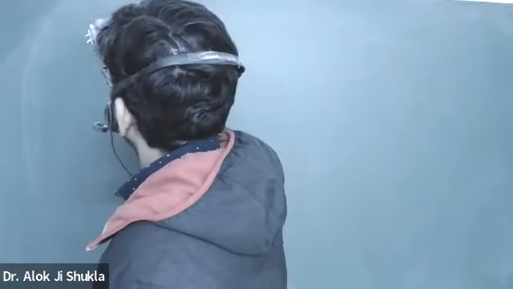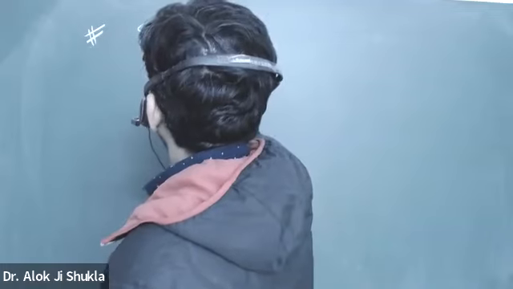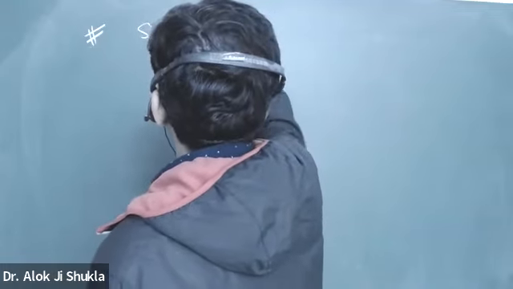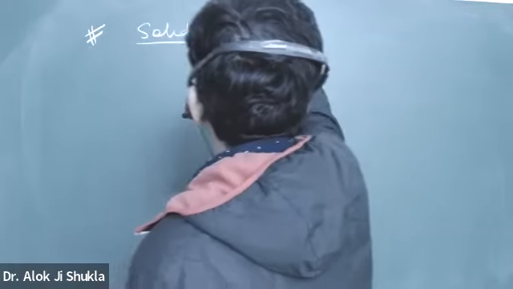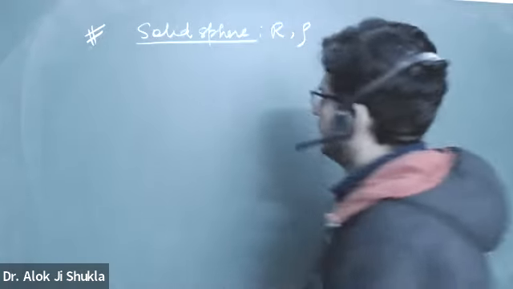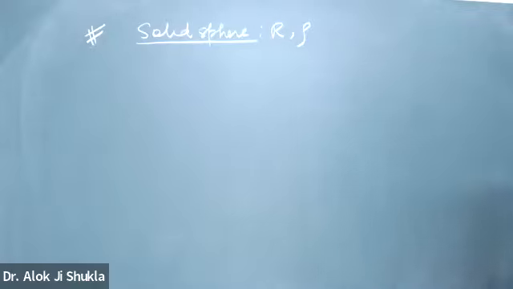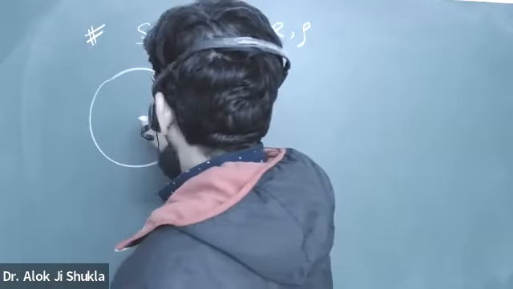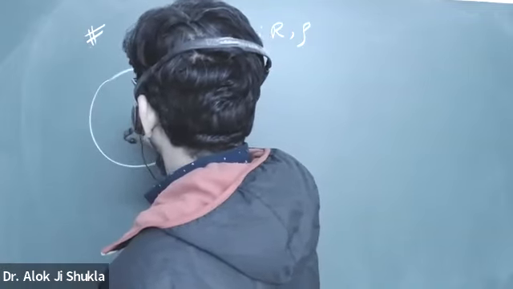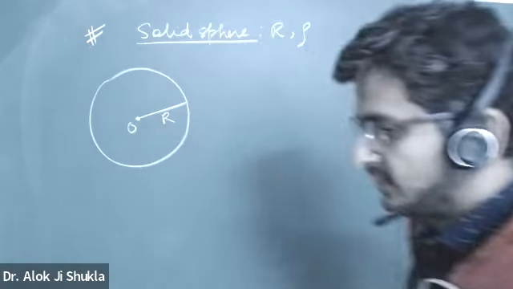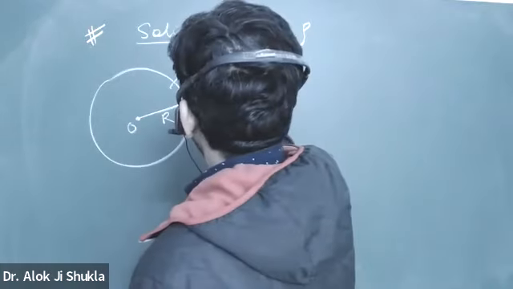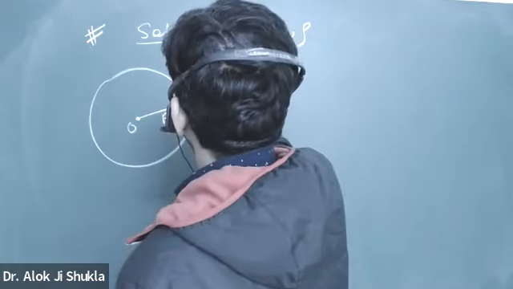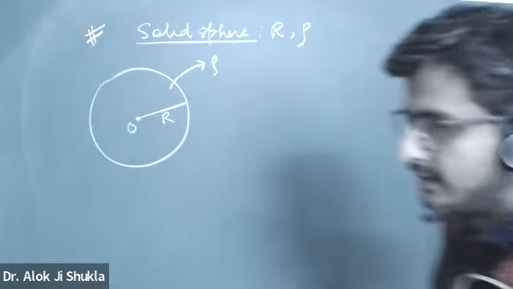Now let us take a sphere, a solid sphere. R is the radius, rho is the charge density. So if I take a solid sphere like this, and let R be the distance, and rho is the charge density.